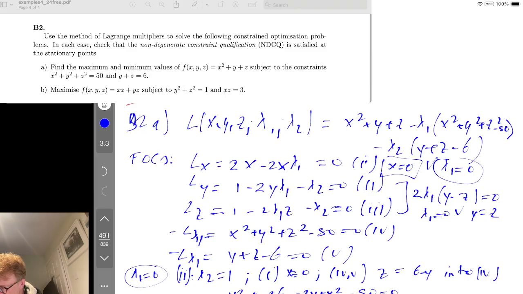So you will have to solve that. We get 2y squared minus 12y minus 14 is 0, which is y squared minus 6y minus 7 is 0.